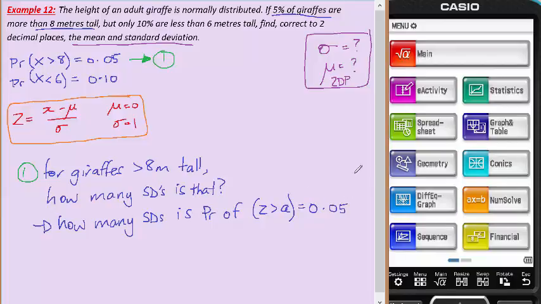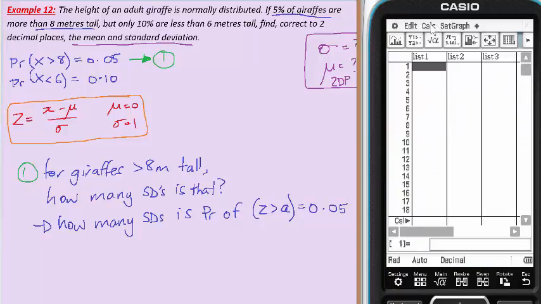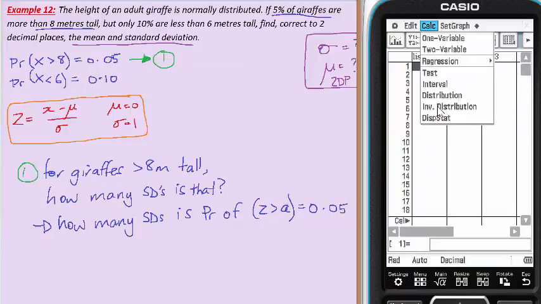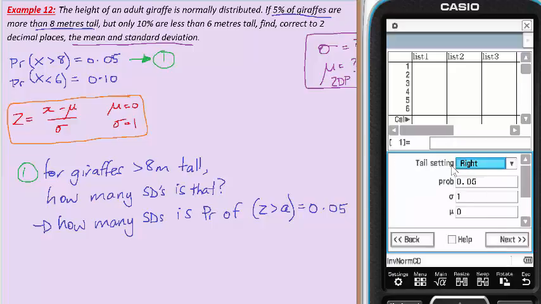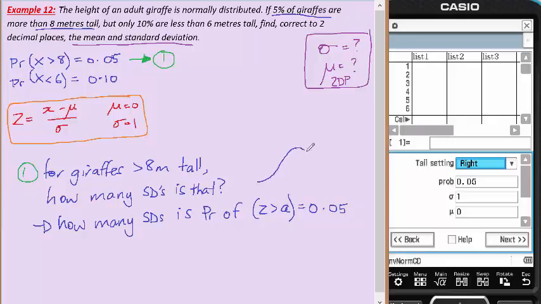I'm going to put this into my standard equation on the calculator. So I'll go statistics, calc, inverse distribution. I have my tail going to the right here, because for these giraffes, if this is my bell curve, here is the point and there are 5% higher than that point. So my tail setting is to the right.